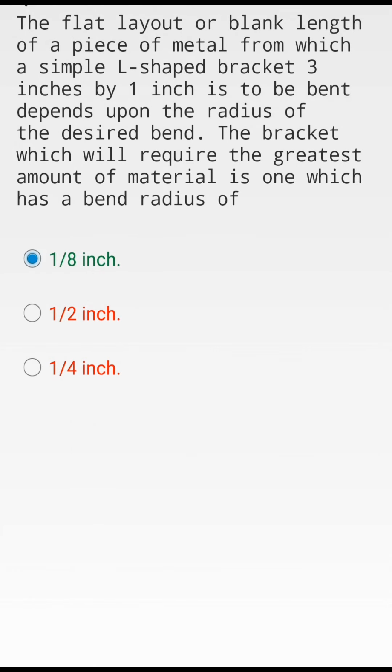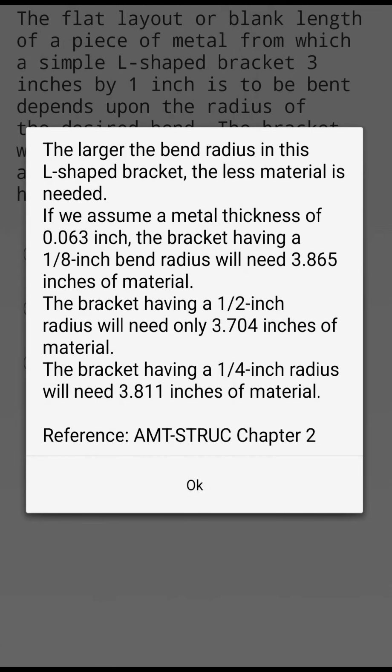The flat layout or blank length of a piece of metal from which a simple L-shaped bracket 3 inches by 1 inch is to be bent depends upon the radius of the desired bend. The bracket which will require the greatest amount of material is one which has a bend radius of 1/8 inch. The larger the bend radius in this L-shaped bracket, the less material is needed.